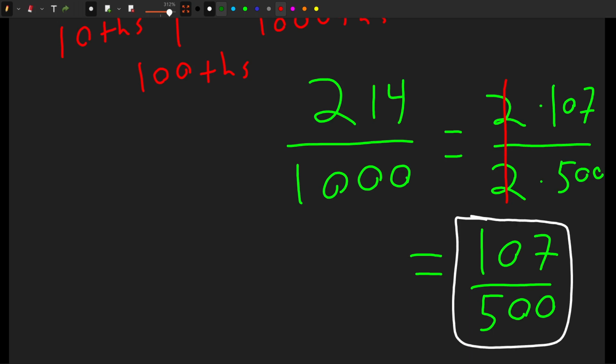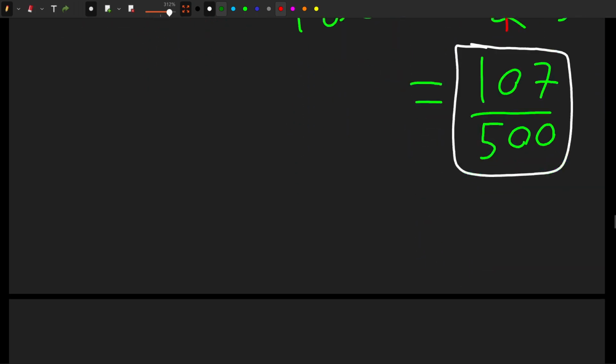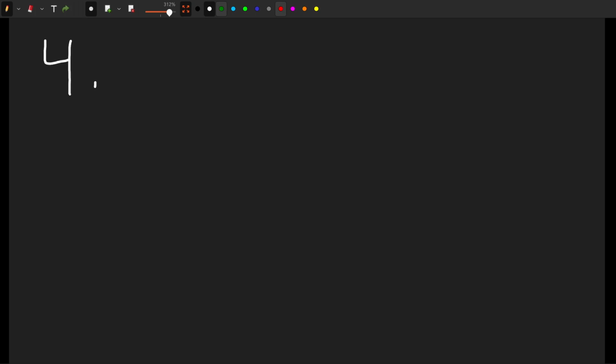All right, one last problem for the day. We are going to have 4.3138. And so to convert this, we have the tenths, the hundredths, the thousandths, the 10,000ths. So this is the 10,000ths.